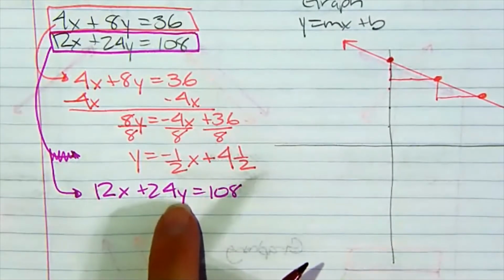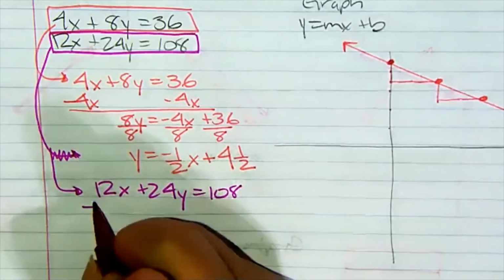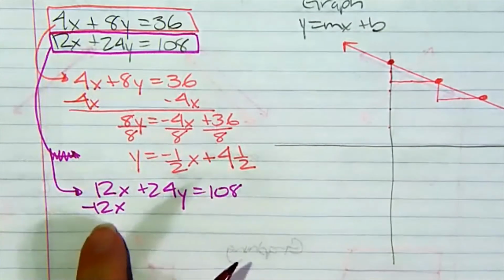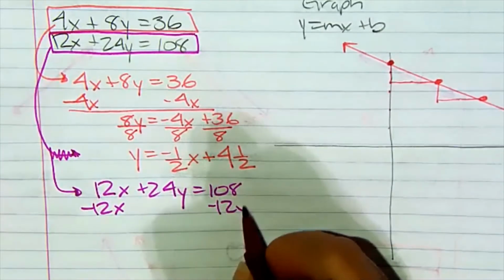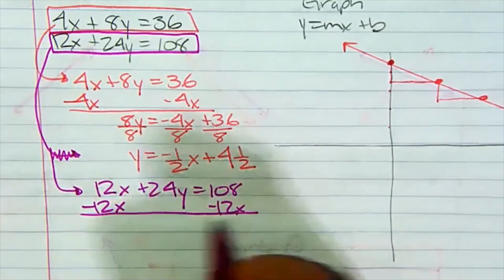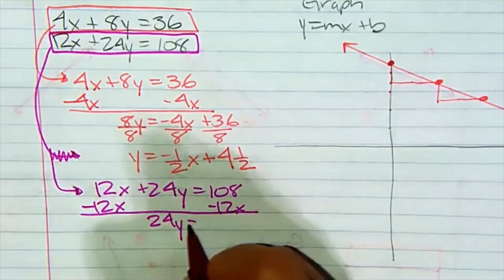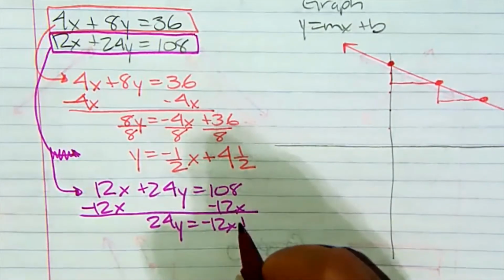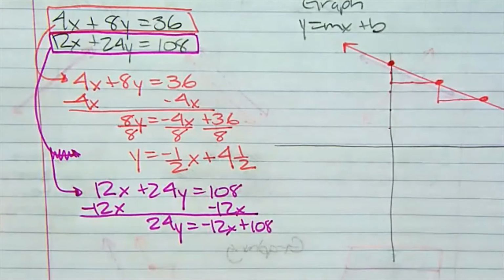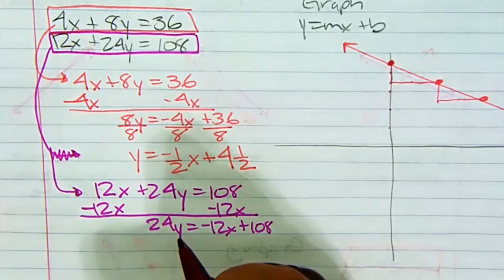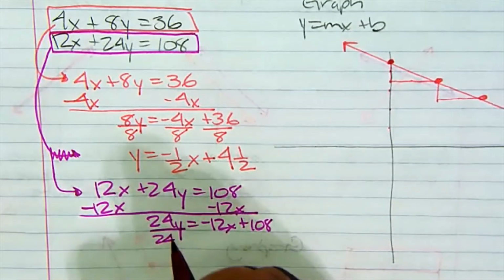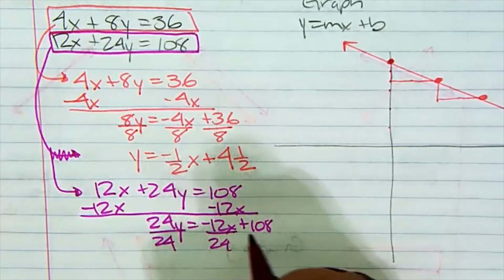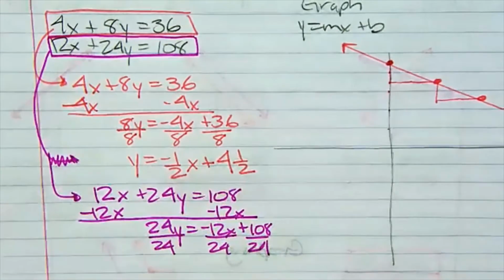I need to isolate my y. So let's subtract 12x. What we do to one side, we must do to the other. 24y equals negative 12x plus 108. I still want to isolate my y, so I'm going to divide by 24. What I do to one side, I must do to the other.